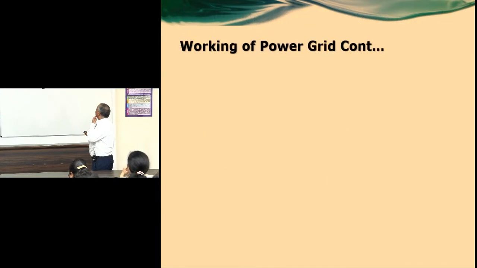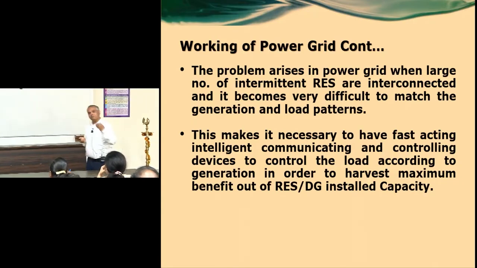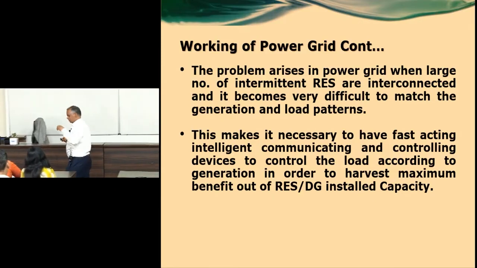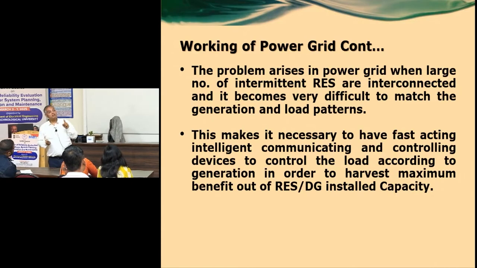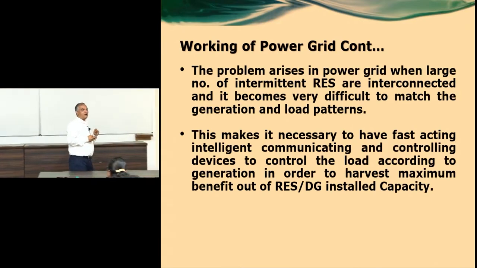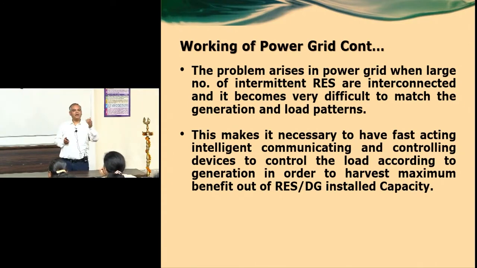So coming to the working of the power grid, that thing I have already discussed. Our motive is to harvest maximum renewable energy, and at the same time we have to limit our consumption through conventional generation, while minimizing the losses also, because distributed generation has a unique advantage, that the transmission line losses are going to be reduced if you are generating the power at the consumer end itself.